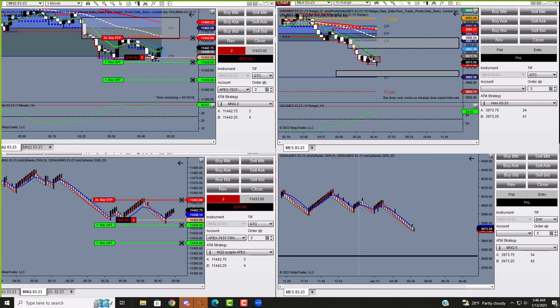Right between these two sell blocks. Sell block and a buy block. Come on, baby, go down. Break this and push it.